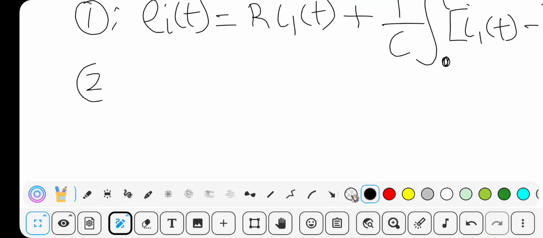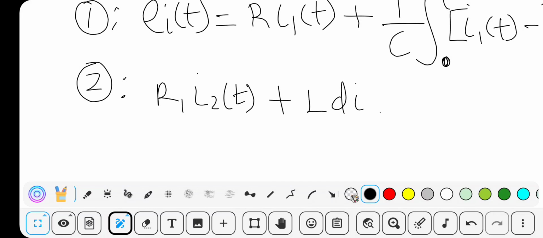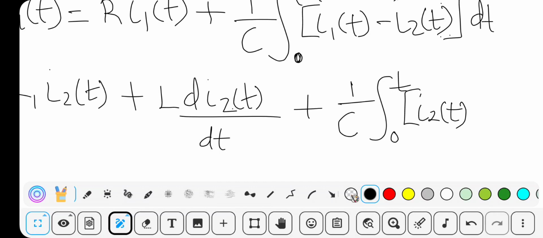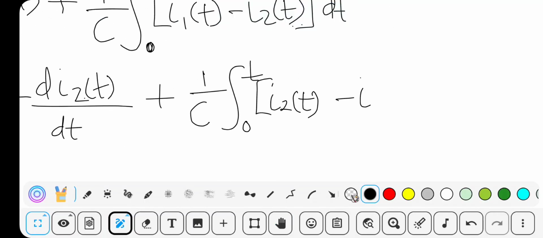For equation 2, this will become R1 I2 of t plus L dI2 of t over dt, because I3 now is 0, plus 1 over C integral of I2 minus I1 is equal to 0.